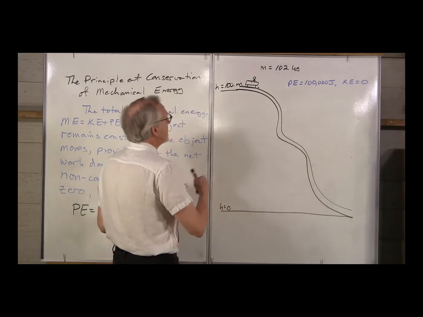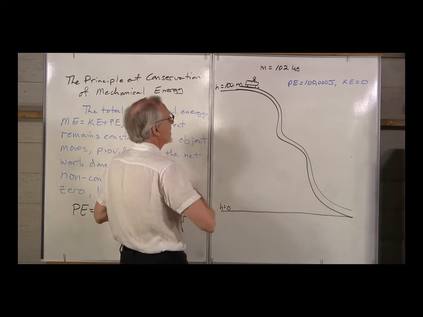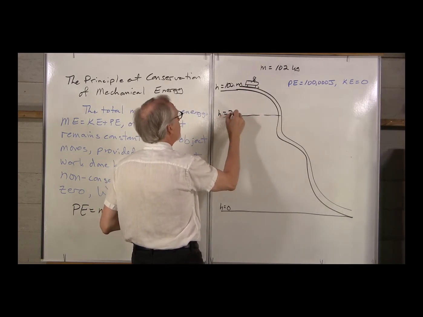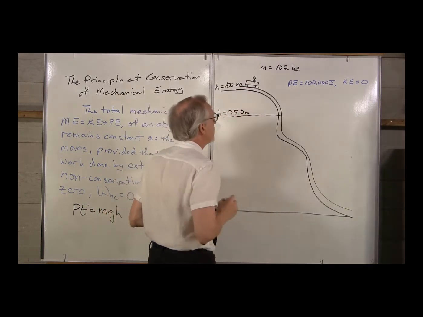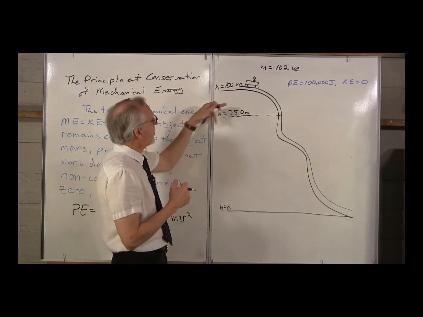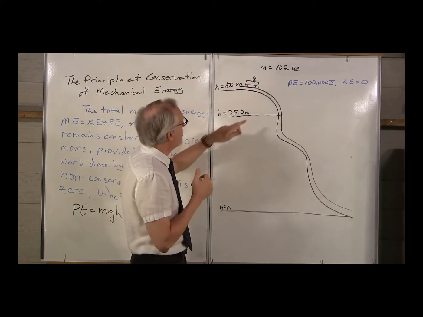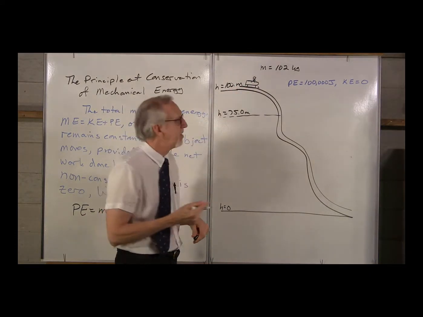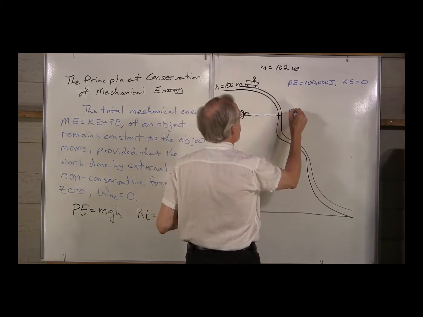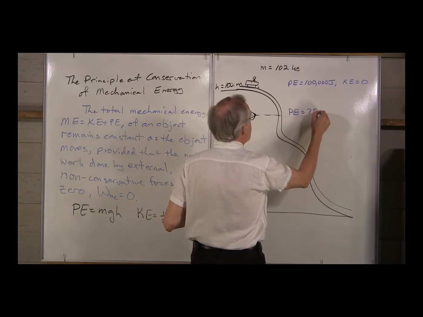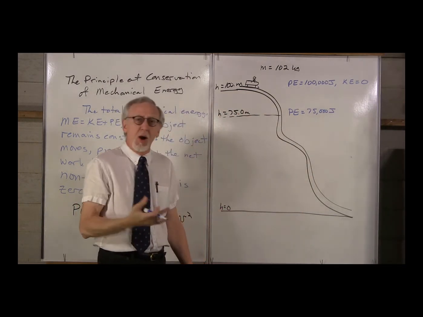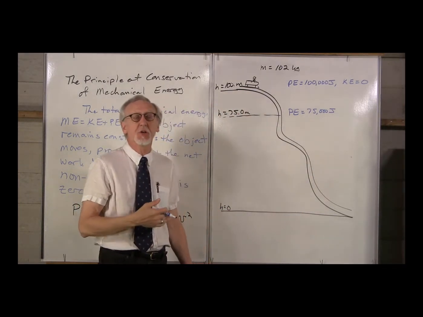Now let's imagine the sled slides down and then comes to, let's say, a lower height of, let's say, 75 meters. So it's come a quarter of the way down. Well, the potential energy will then be mgh times 75, and it turns out that that is 75,000 joules. Where did that 25,000 joules go?